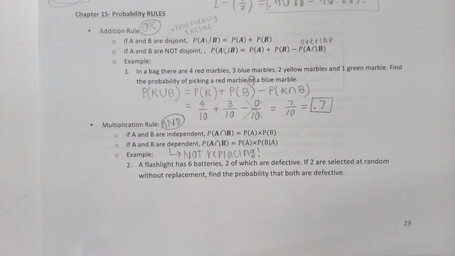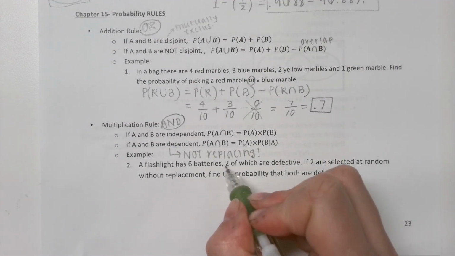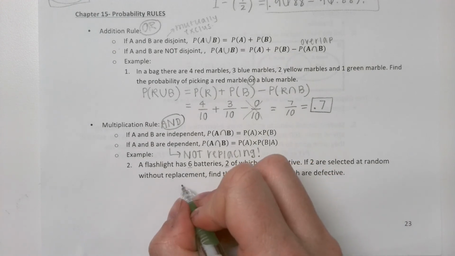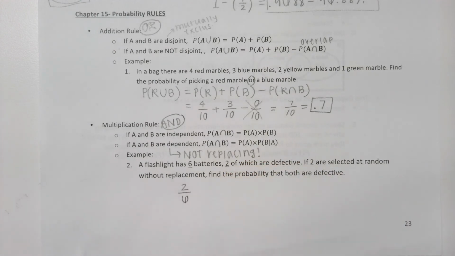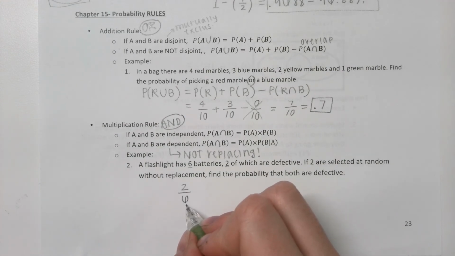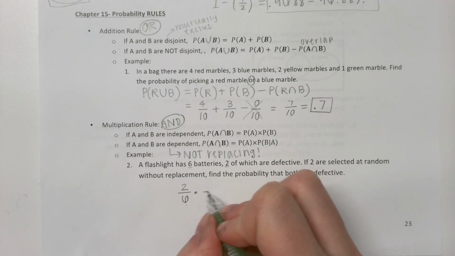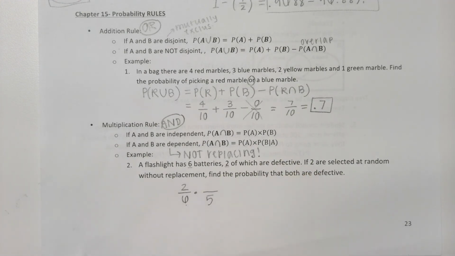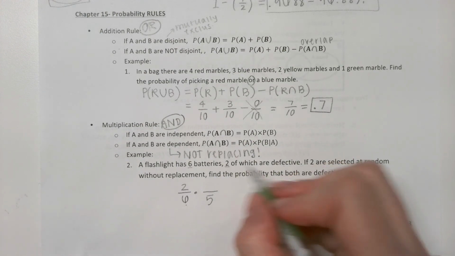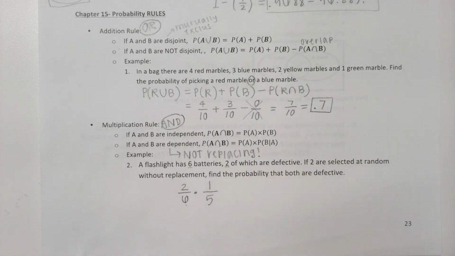So the first battery I choose, there's 2 that are defective out of 6. So my first probability would be 2 out of 6. Now we are going to assume that this happened. So in my hand I have a defective battery, which means there's only 5 batteries left. How many of them are defective? Well, I already have 1 defective in my hand, so I'm left with only 1.